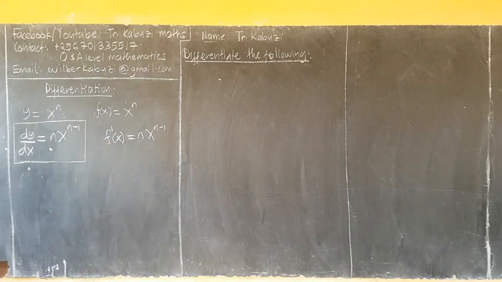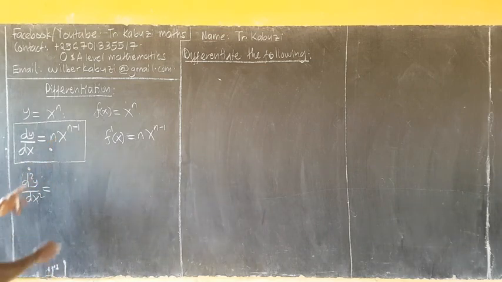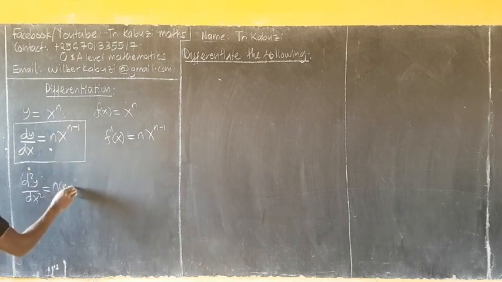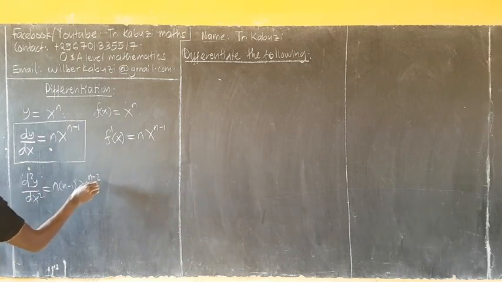If I want to get the second derivative, I differentiate this a second time with respect to x. I will lower this power, n, then n minus 1, and then I reduce this power by 1, so n minus 2.